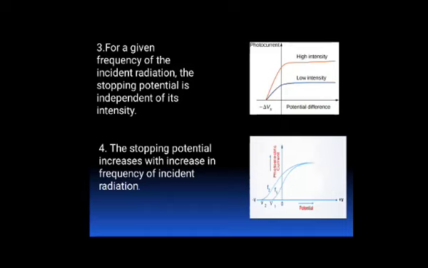For radiation of higher intensity, photoelectric current increases in the same manner but to a greater extent as shown. But stopping potential is the same for all intensities of the same radiation. So an important point here: stopping potential is independent of intensity of incident radiation.